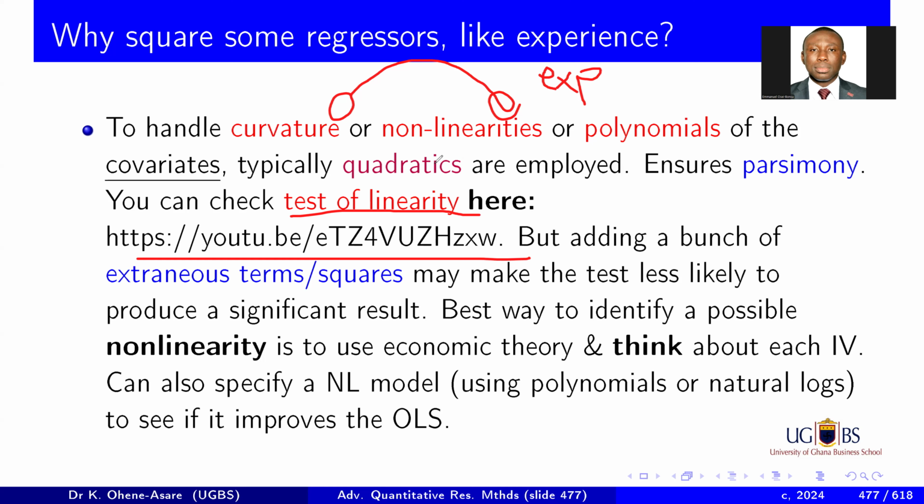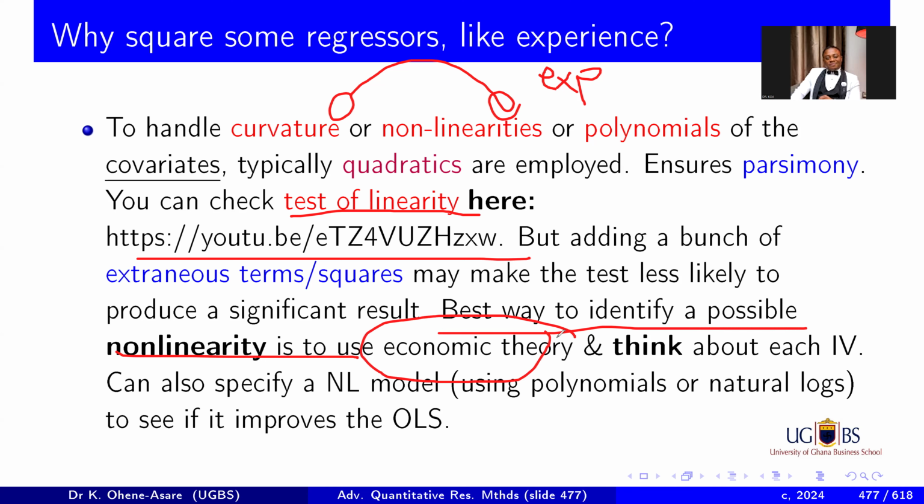Doc, from the last statement, don't be squaring things, I want to know what the criteria is. The criteria, I'm coming there. So first is to identify the possible nonlinearity. Use the criteria known as economic theory.